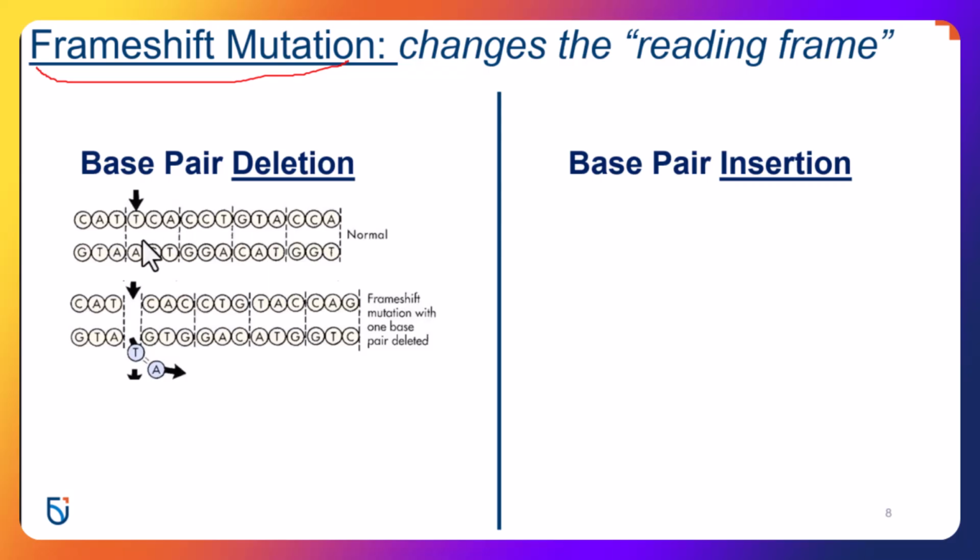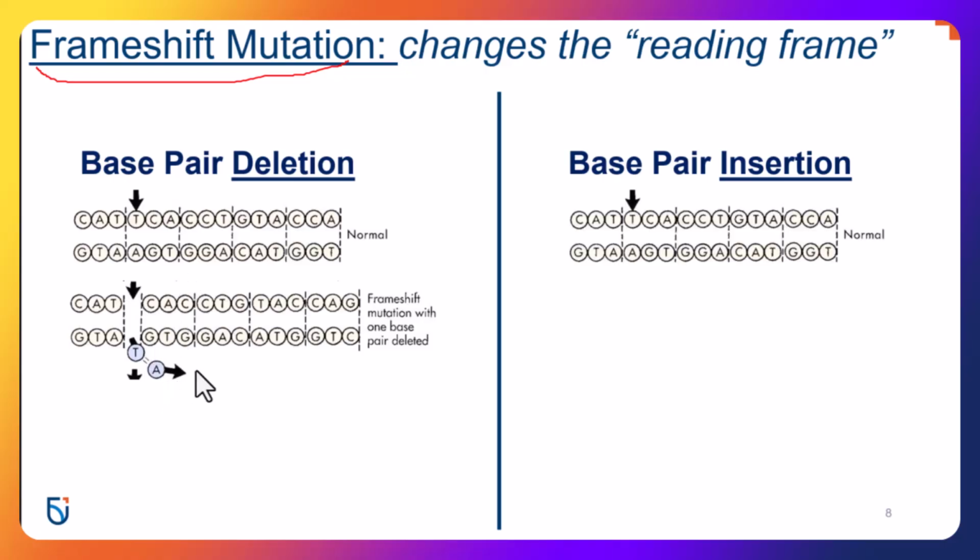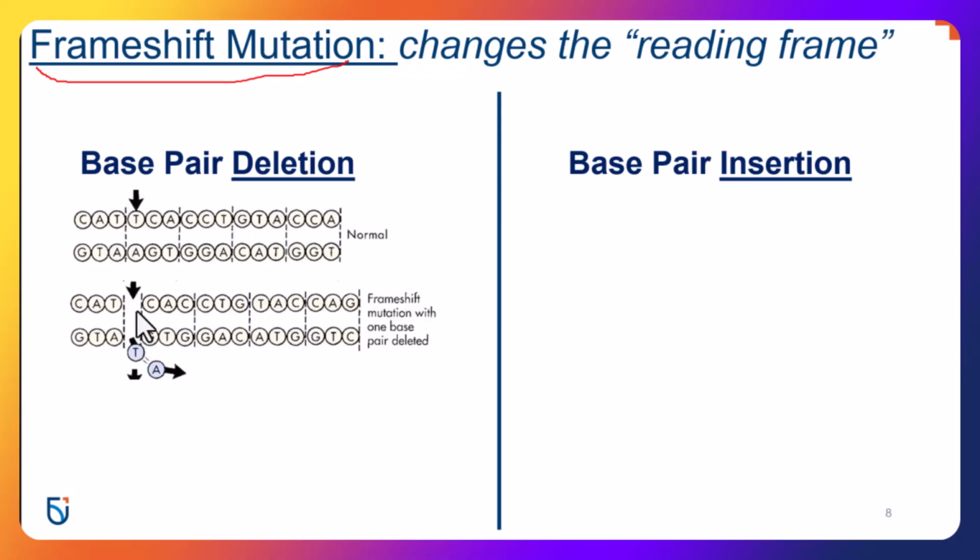This is representing DNA. This is separated, showing you the different groups of 3 that exist. And if we remove this and delete it, okay, so removing this completely and deleting it, everything shifts.